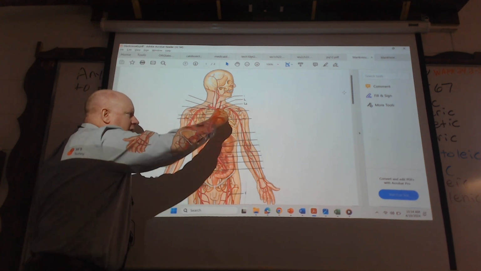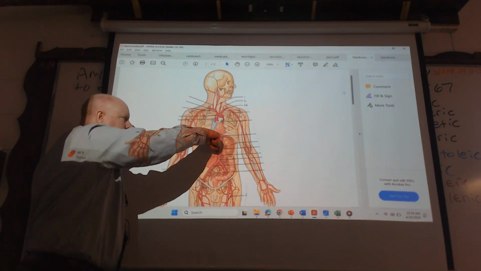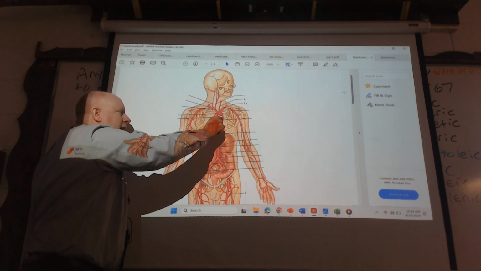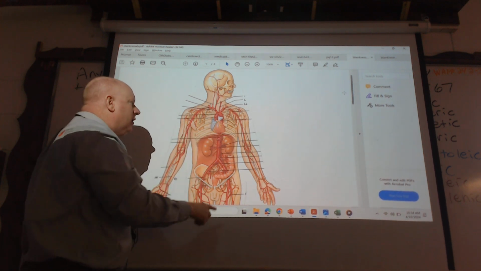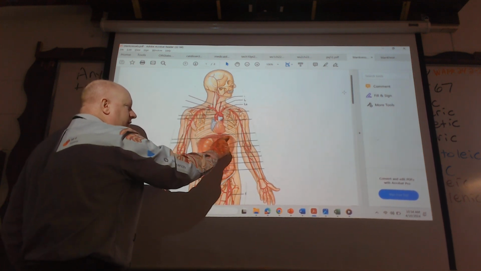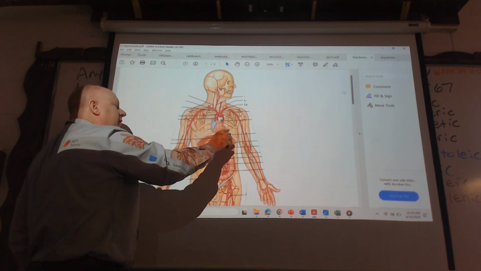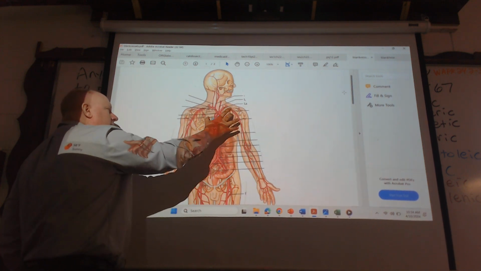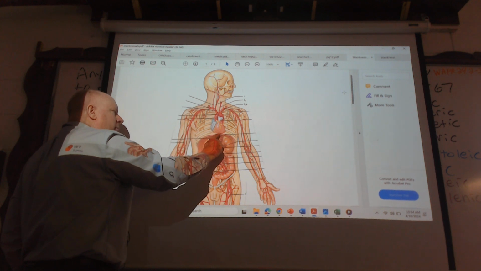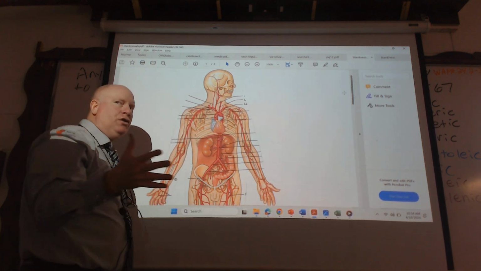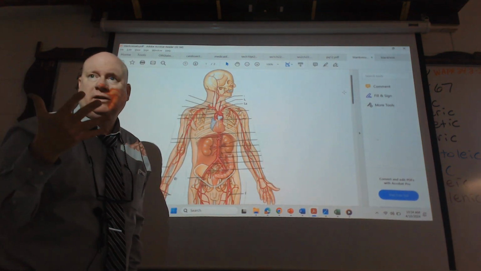Then over here, what do we see? That's the descending aorta. Then, and this is pointing to a specific muscle that separates the abdominal cavity from the thoracic. What muscle would that be? You don't have to know that, but it just helps you categorize these two.